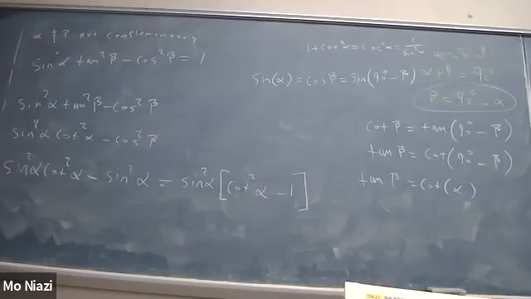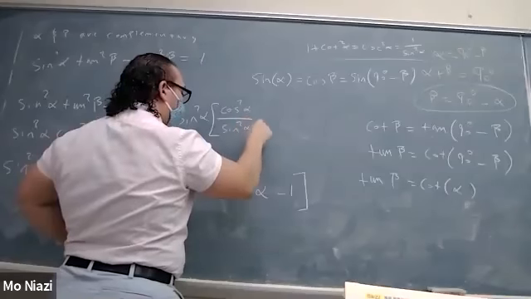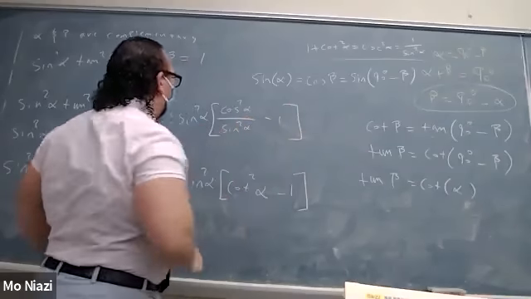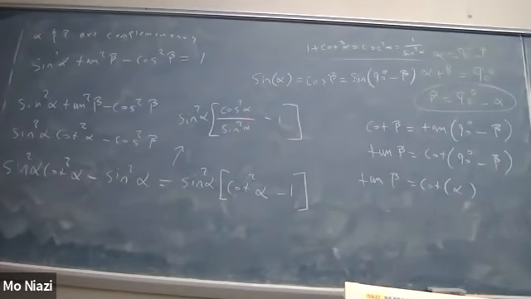Or if you don't want to go down that route, we have this. But again, if you distribute that, you're going to get cosine squared alpha minus sine squared alpha, which again doesn't reduce to 1.